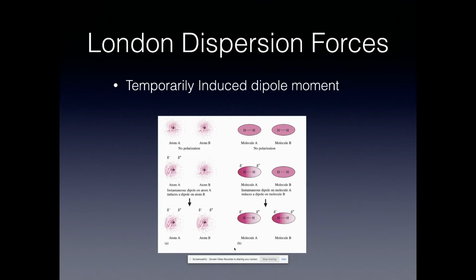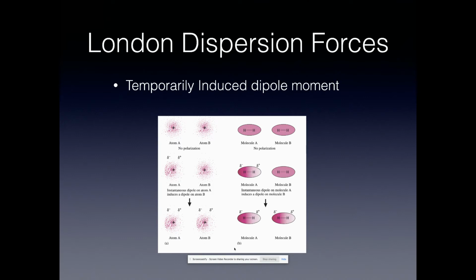So, what happens is a charge of some type on an atom or on a molecule, okay, will cause a separation of charge. Okay, now, since atom A has a positive side and a negative side, atom B will get the same, because the positive side on atom A attracts the negative on atom B. Now, the same thing would happen with a molecule.